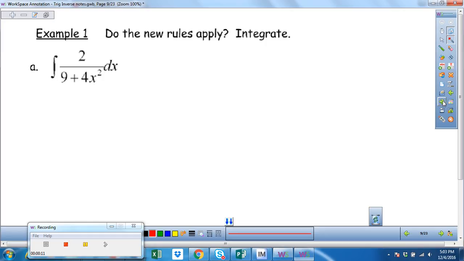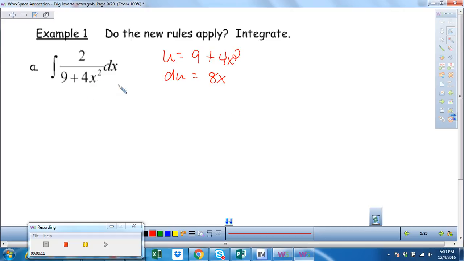So we have to ask ourselves, does this look like arctan or does it look like arcsine? Or is it just a regular u substitution? Well, we can't use u substitution because if I let u equal 9 plus 4x squared, then du is equal to 8x, and there's no x in this original problem. So we can't use u substitution.